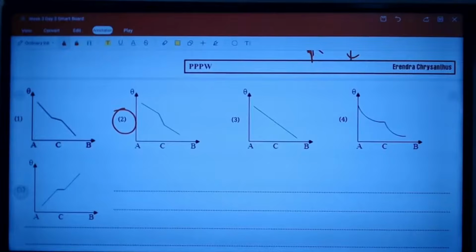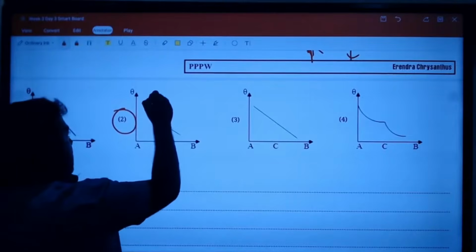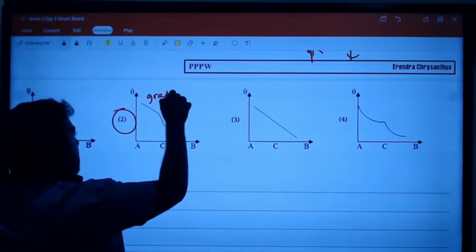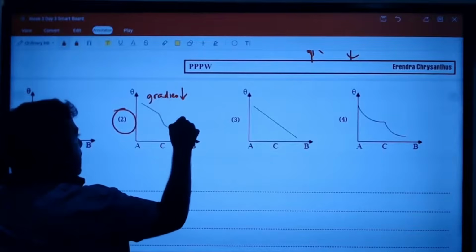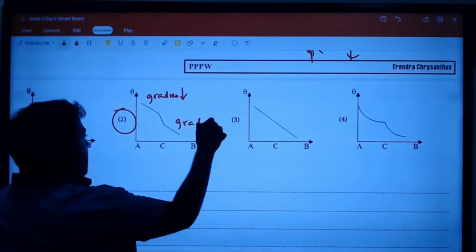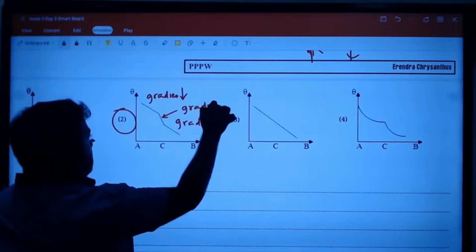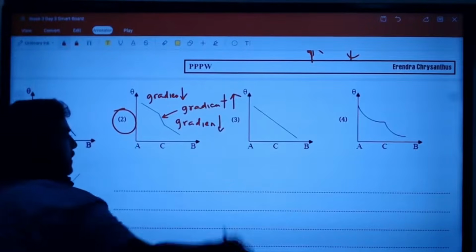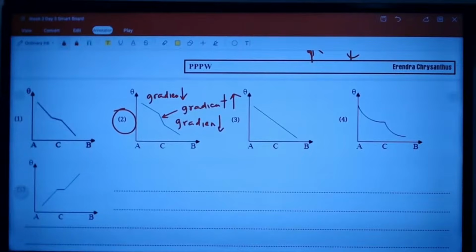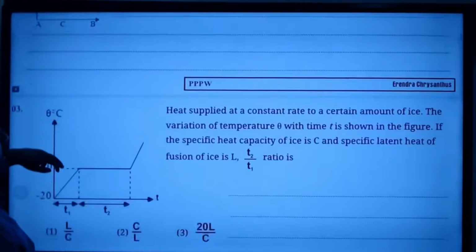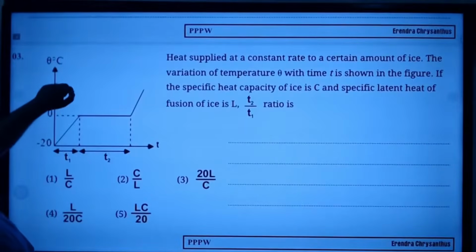So here the gradient is less, here also the gradient is less, and this part the gradient is large. Okay? Right. Moving on. Next question.